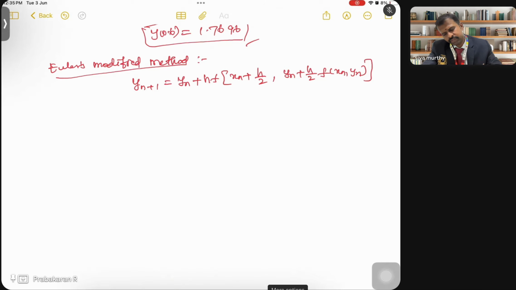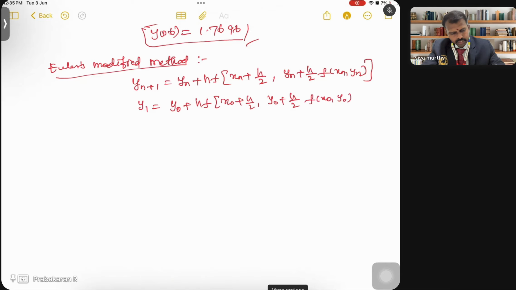Put n equal to 0 means we get y1, so the formula is y0 plus h f of x0 plus h by 2 comma y0 plus h by 2 f of x0 comma y0. Then put n equal to 1 for y2: y1 plus h f of x1 plus h by 2 comma y1 plus h by 2 f of x1 comma y1, close the bracket.